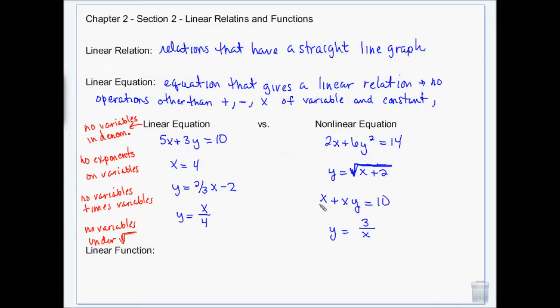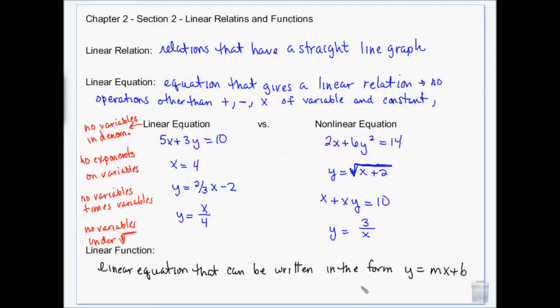And a linear function is a linear equation y equals mx plus b, where m and b are real numbers.